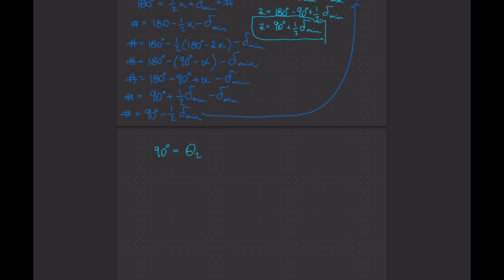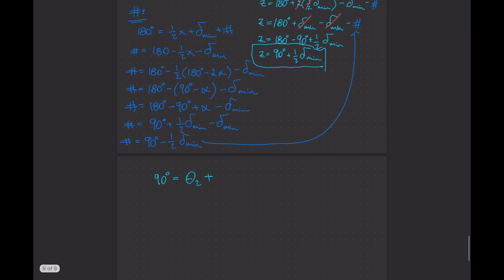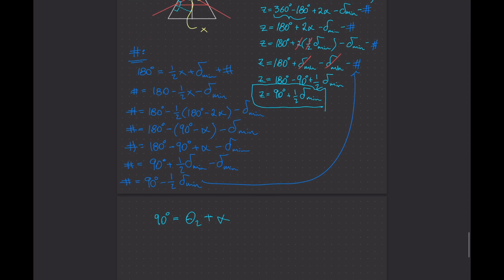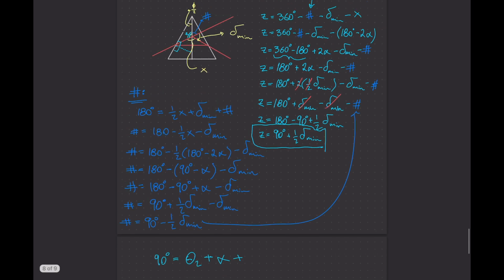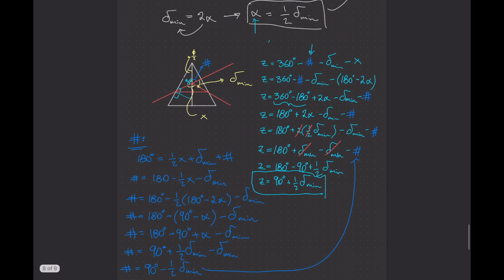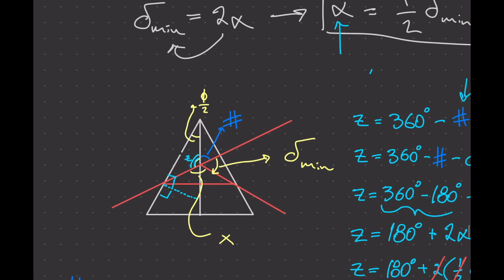So 90 degrees, this is comprised of theta 2 plus alpha plus the final angle, which I have not labeled, I don't think. Let's zoom in here to actually label it. It's this angle here. I'm going to just call it exclamation point.